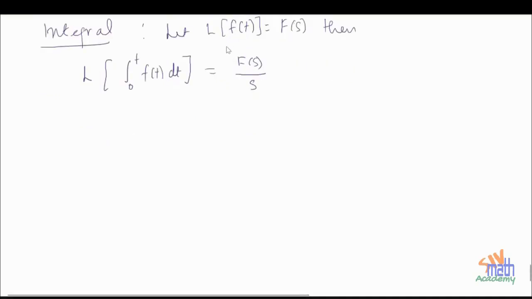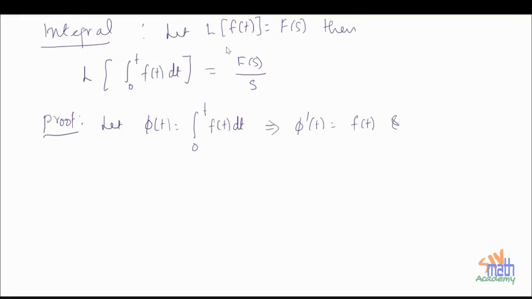In order to prove this theorem, let phi of t equal the integral from 0 to t of f of t dt. Just assuming. So this implies phi dash of t will be f of t. And phi of 0 is the integral from 0 to 0, that is nothing but 0, correct?